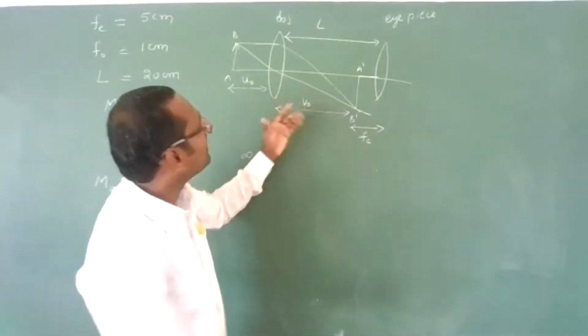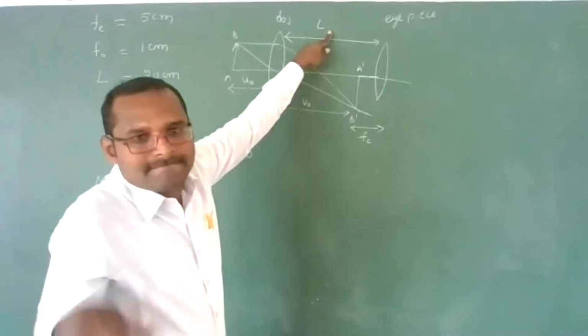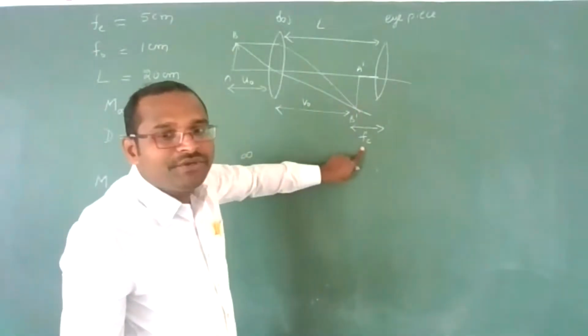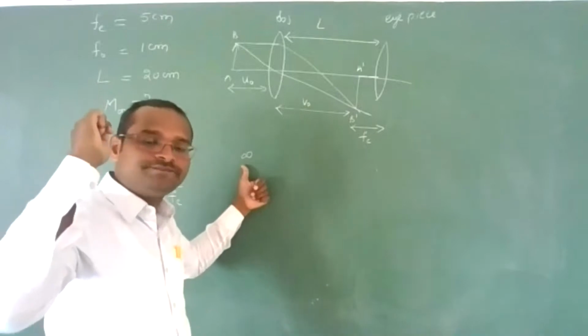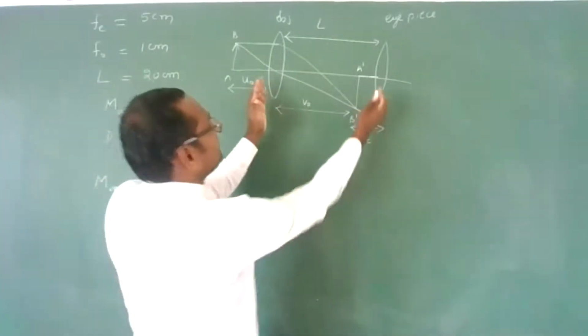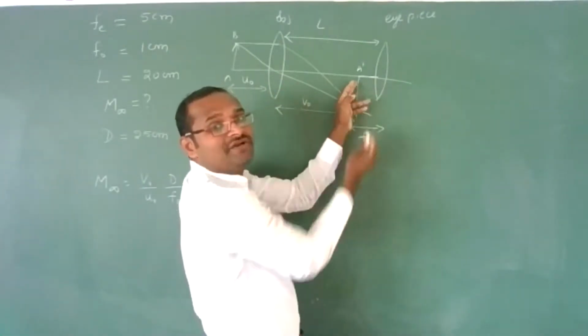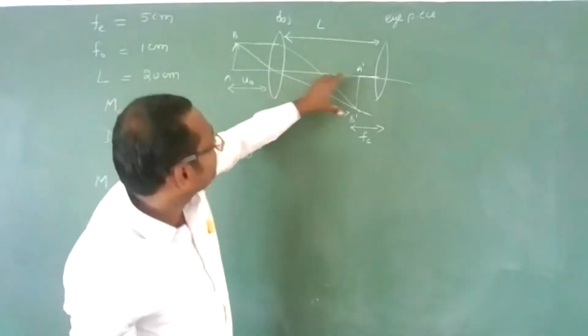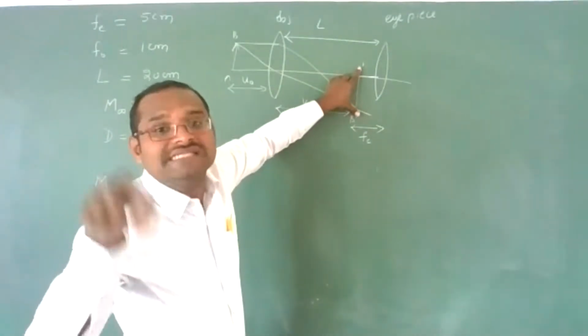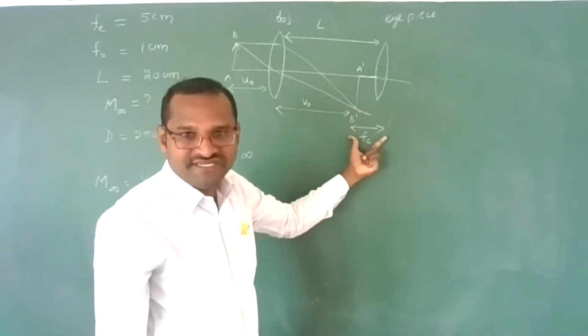From this length, can you find this? Yes, easily, because V naught plus Fe will be the length. Why Fe? Because the image is forming at infinity. If the image forms at the distance of distinct vision, this length will become V naught plus Ue. But because the image is forming at infinity, this object is lying at the focus of this eyepiece, so this distance will be Fe.